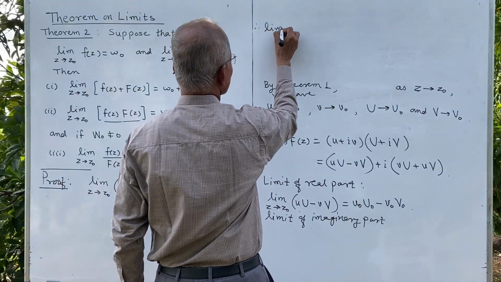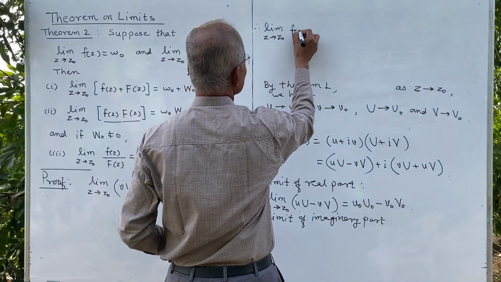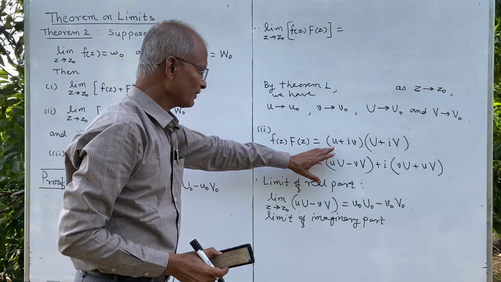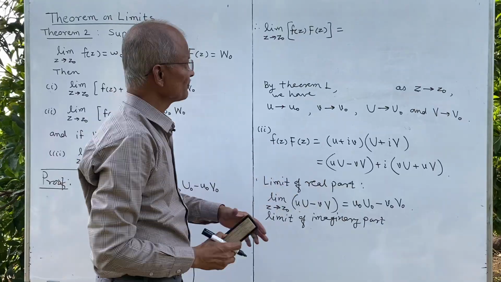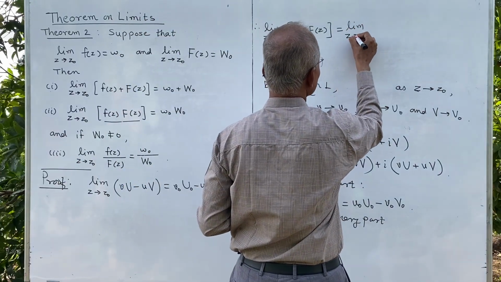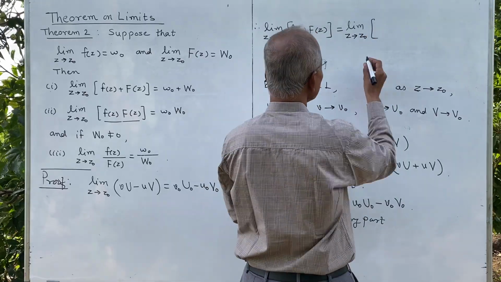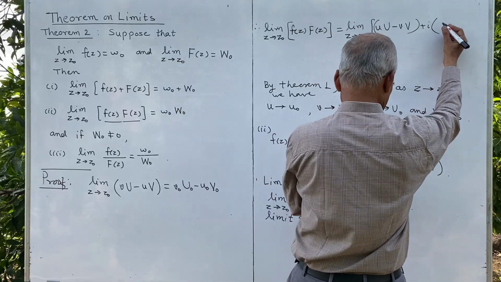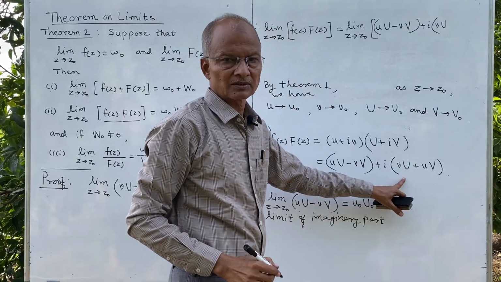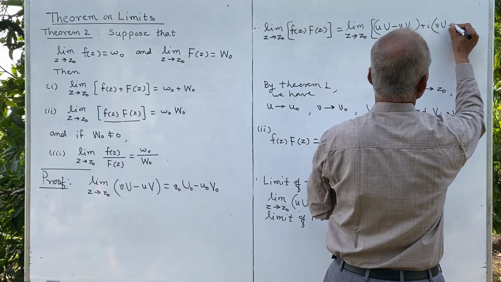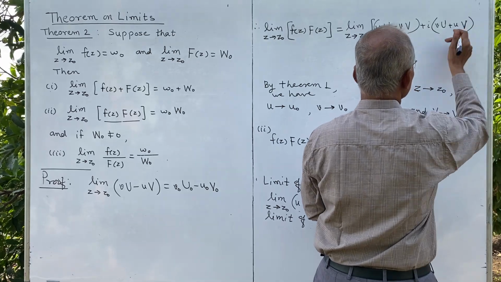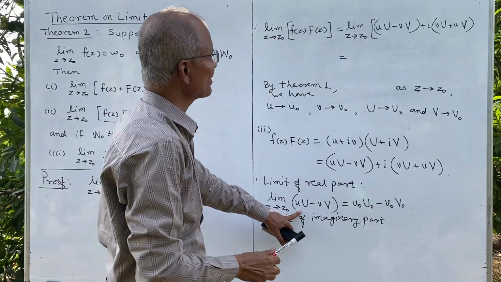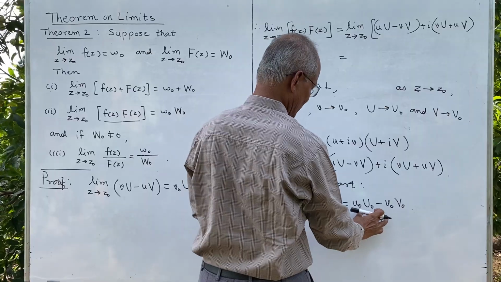therefore the limit z tends to z naught of small f of z into capital F of z will be equal to the limit of this expression, that we will have limit z tends to z naught of u into capital U minus v into capital V plus i into, see this is v capital U plus u capital V. You should differentiate between small and capital letters, and this is equal to, now we have written here what is the limit of this real part, that is u naught etc., this one.